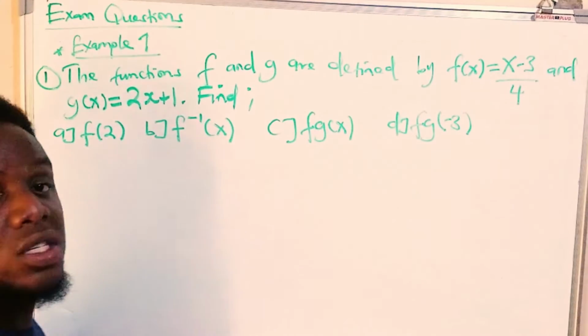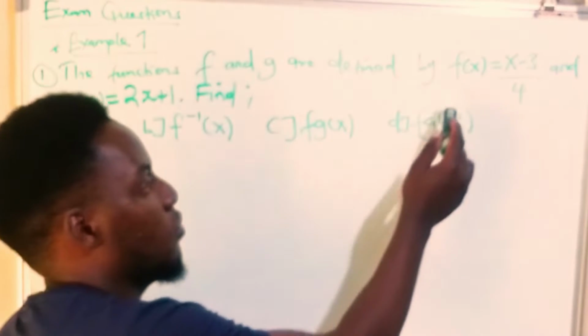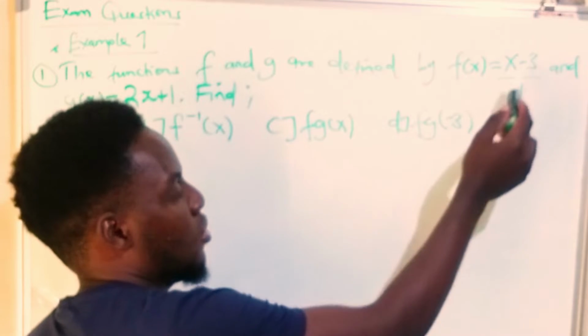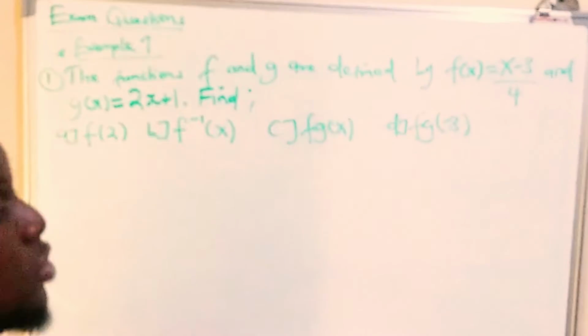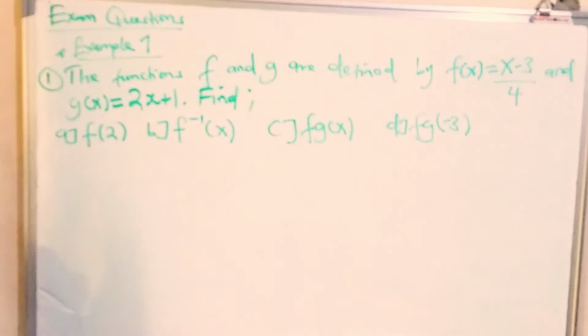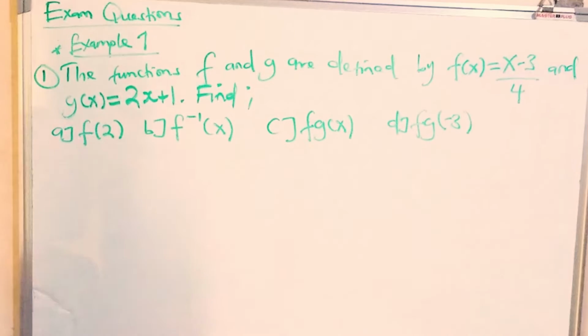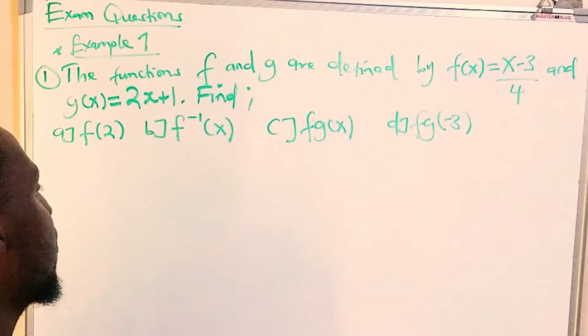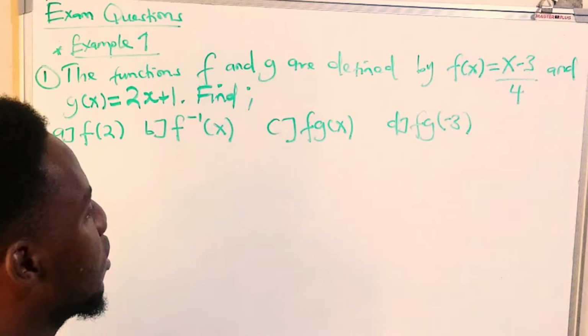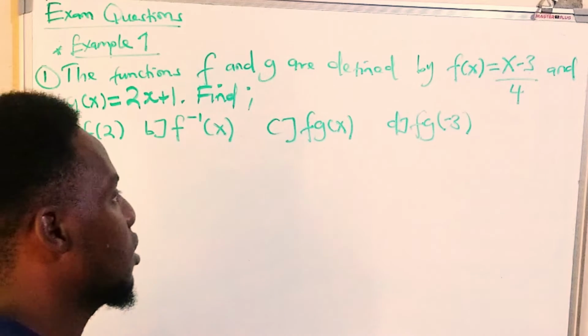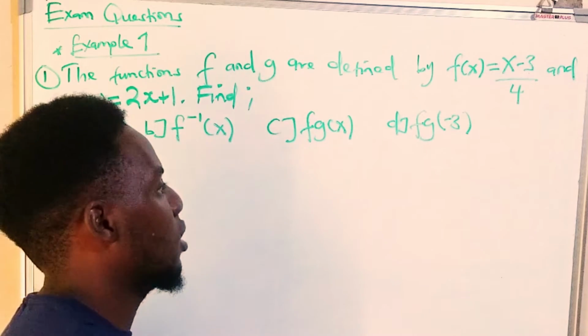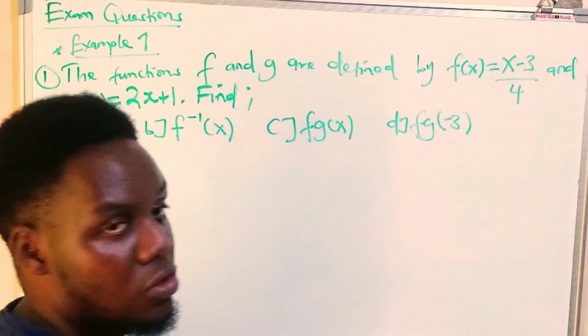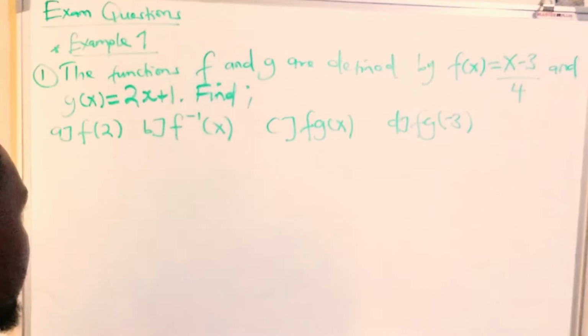Our first example says the functions f and g are defined by f of x is equal to x minus 3 over 4 and g of x is equal to 2x plus 1. Find a, f of 2, b, f inverse of x, c, f of g of x, and d, f of g of negative 3.